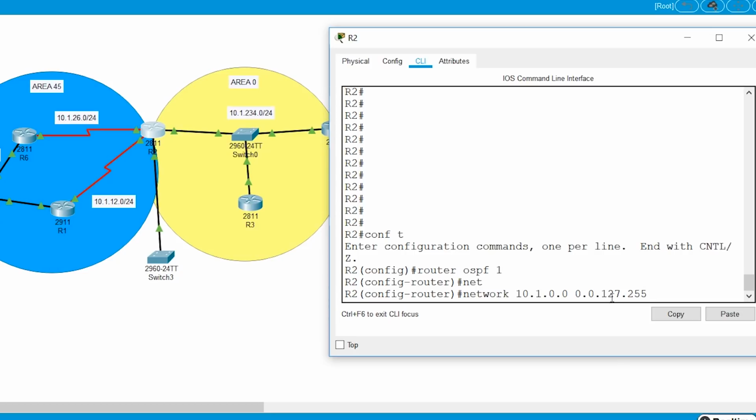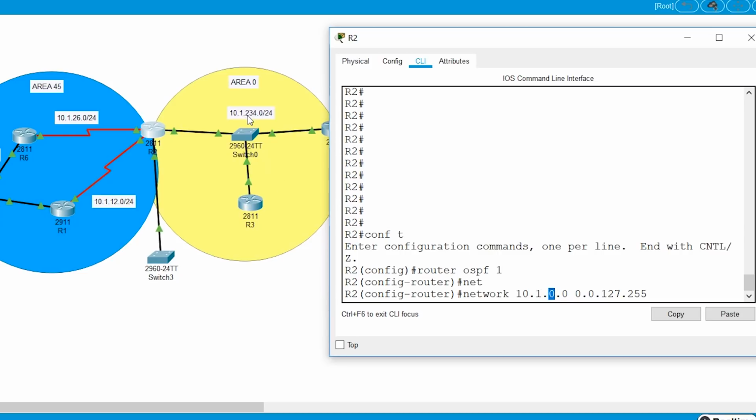By using this wildcard mask of 127, for people who know, it would be 0 for the first 2 octets and for the first bit of the 3rd octet, right? So in this, if you convert 0 to binary, the first bit of the 3rd octet is going to be 0. So it's going to say that 10.1 and the first bit should be 0.